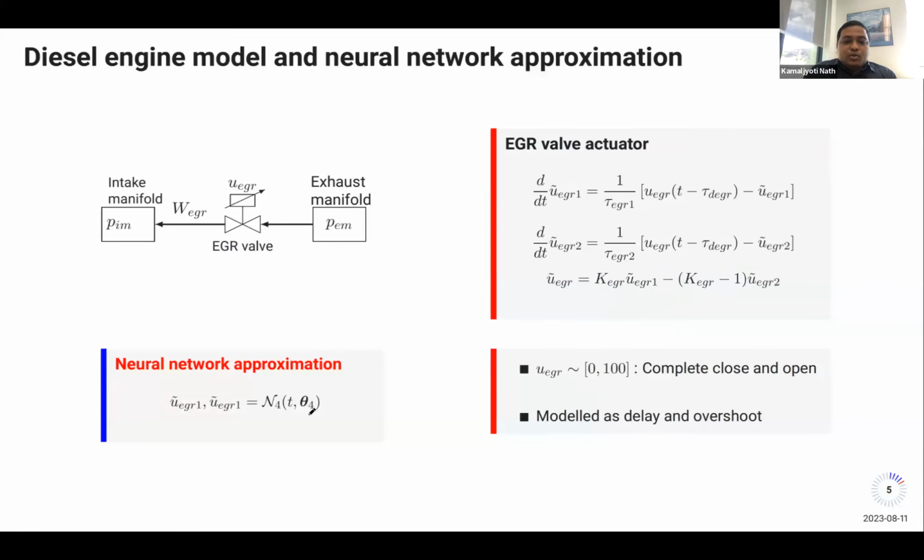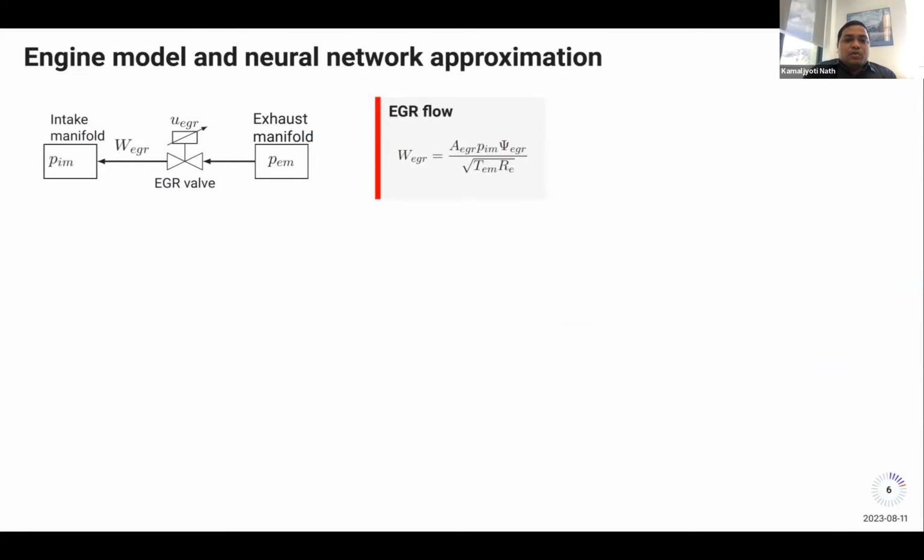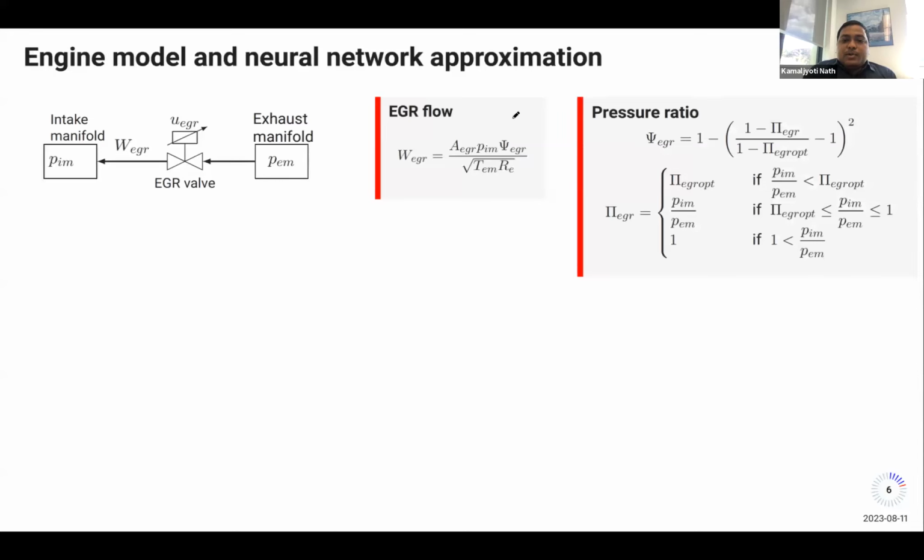And we approximated these two states using one network. The second part of the EGR is the EGR flow, the W EGR flow, which goes from the exhaust manifold to the intake manifold through the EGR valve. There are two parts. One is the pressure ratio, which ensures there is no backflow from intake to exhaust.